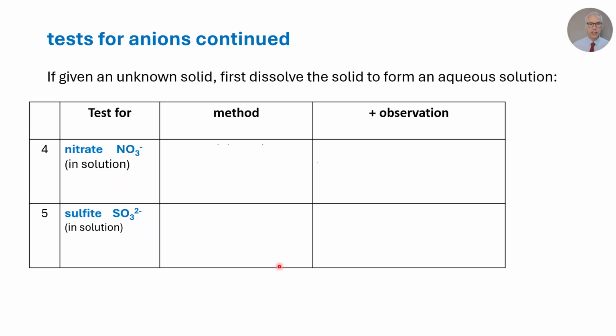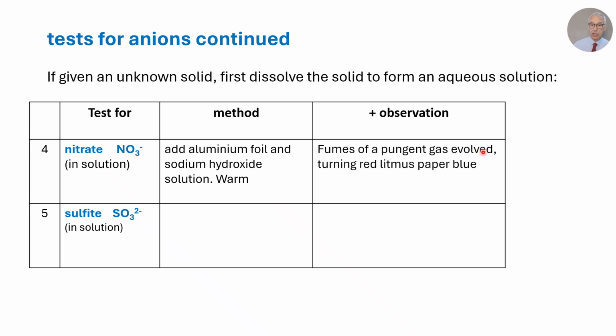So let's deal with the last two anions. The nitrate ion, expected to recognize this method. Aluminium foil in sodium hydroxide solution. Mixture is then warmed. The observation is the production of a pungent gas which turns red litmus paper blue.